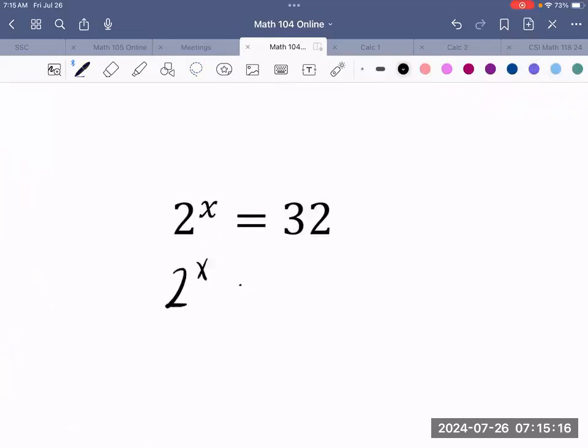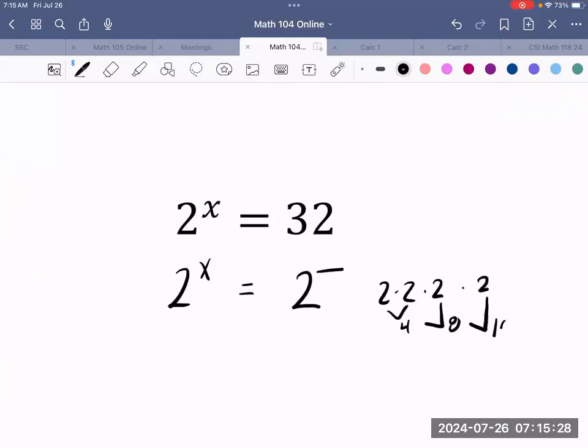We've got 2 to the x on one side, 2 to the what power? So 2 times 2 is 4, times 2 is 8, times 2 is 16, and times 2 is 32. So we have 5 2's here, which just means x is really equal to 5.